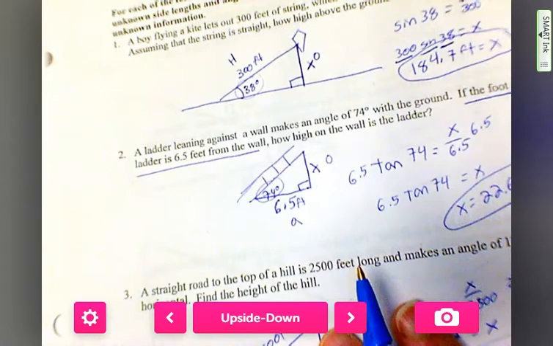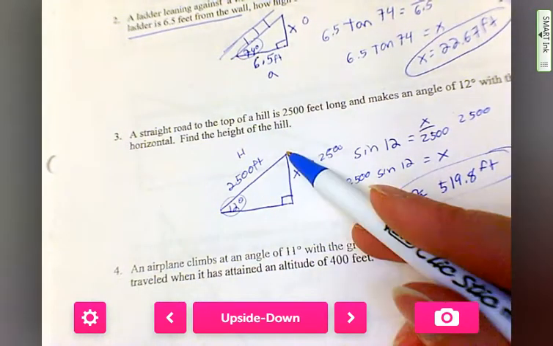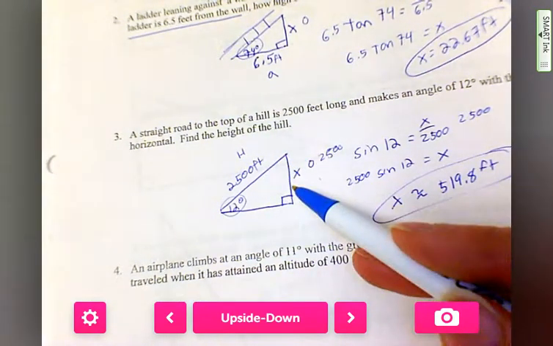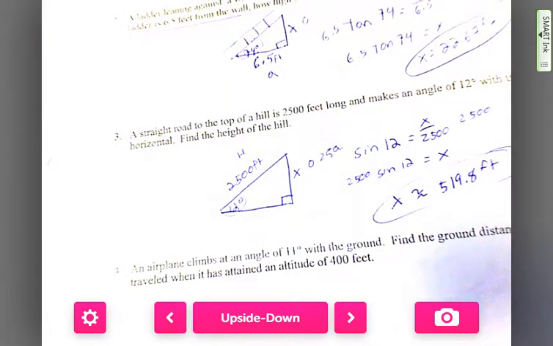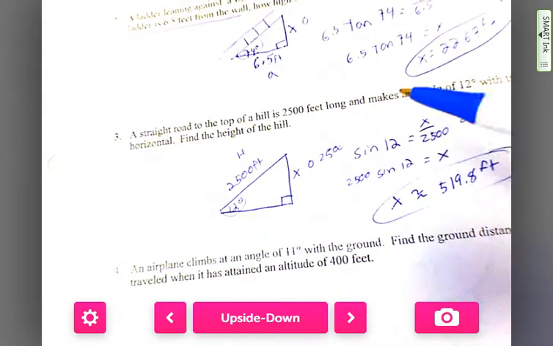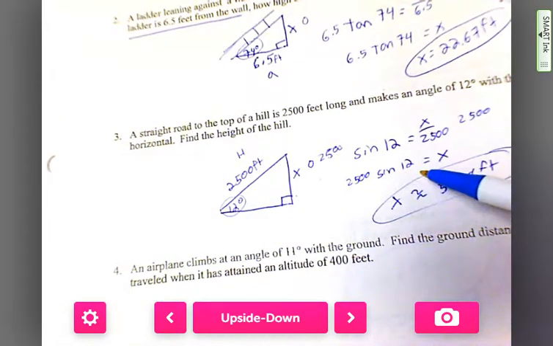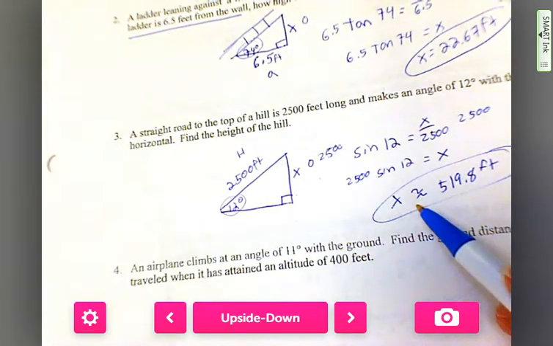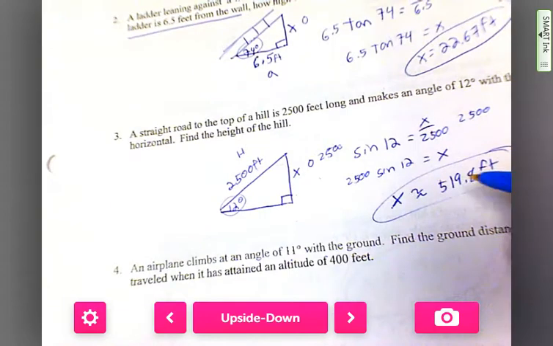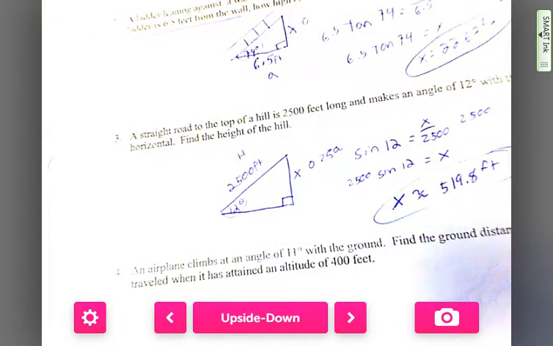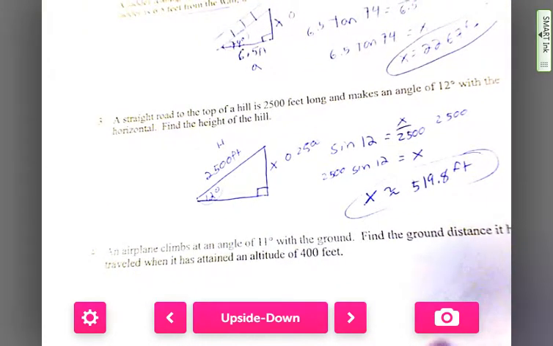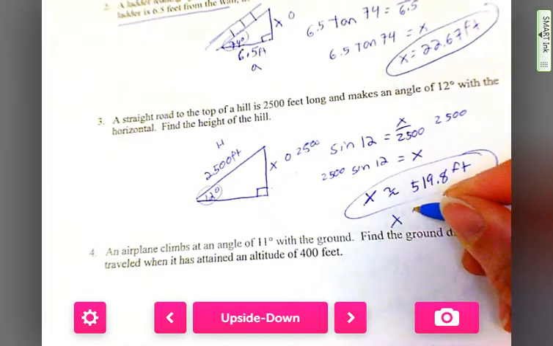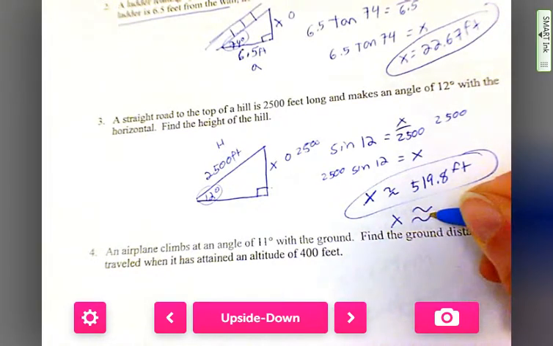We're trying to find the height of the hill, so that has to be the opposite. 2,500 sine 12 equals x. The answer is approximately 519.8, because we rounded. Instead of an equals, it's an approximate. It looks crazy, but it should be like this.